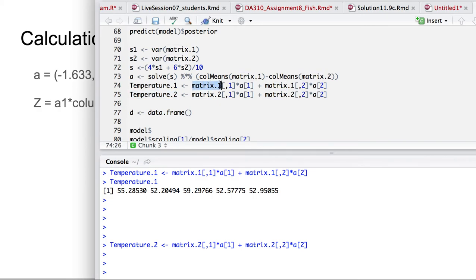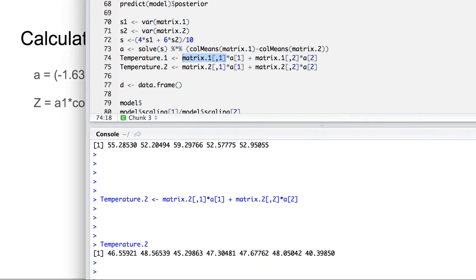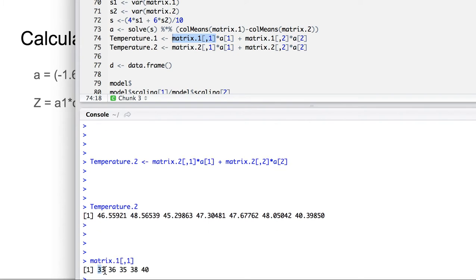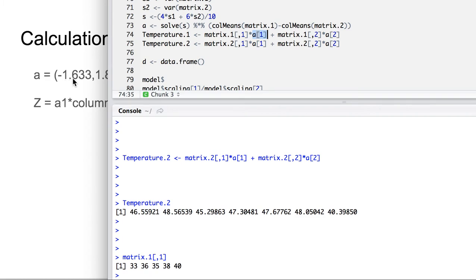In R, matrix.1 is the first matrix, and the square bracket comma 1 helps me find the first column from this matrix. Those are the values for it, times the first element, minus 1.63.